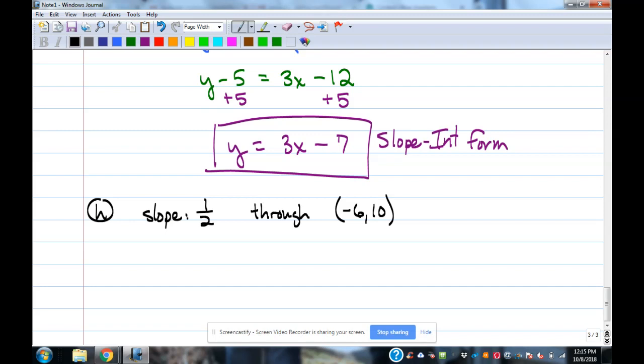That's how we know that point slope is the way to start. They give you a slope and some point that's not the y-intercept. So slope's 1/2. Y minus y1 equals m parentheses x minus x1. So I'm just rewriting that point slope form so that I've got it memorized by the end of the lesson today.